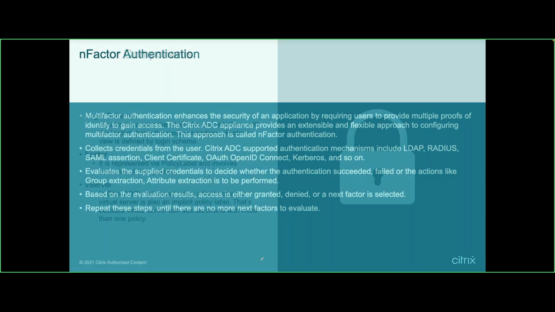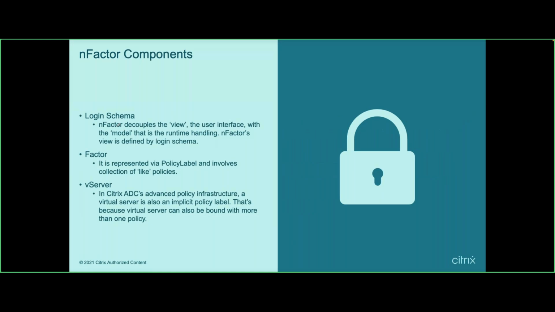So we have a login schema, which is going to decouple the view, the user interface, and the model. Login schema is basically to define what the user gets to see, or how the logon form gets to be displayed to the user, right?